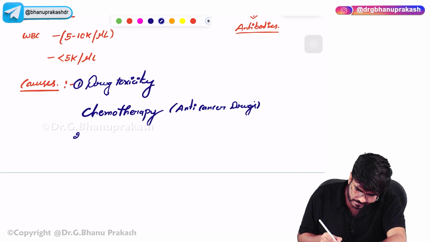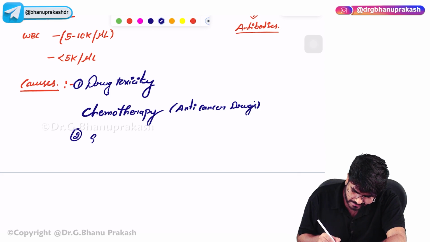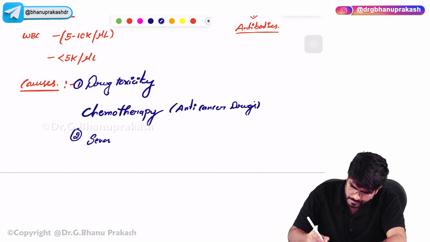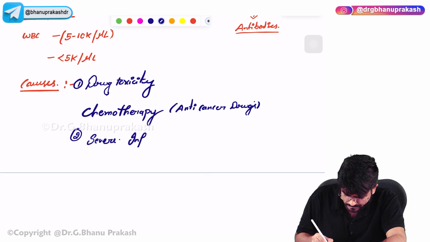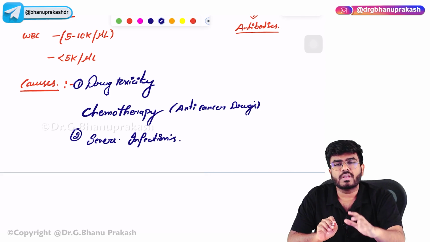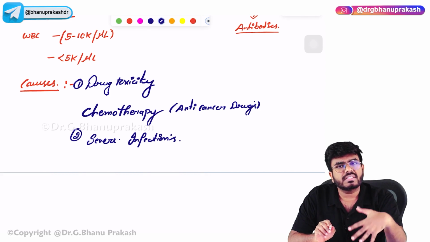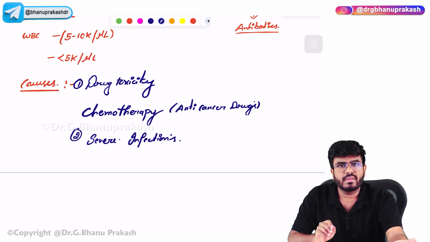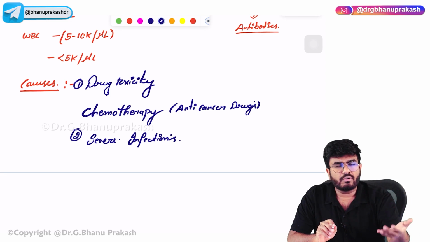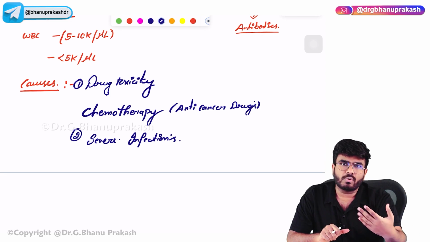The second reason is severe infections. Why in severe infections? Normally, whenever there is an acute infection, of course the WBC count increases. If it's a bacterial infection, neutrophil count increases. If it's a viral infection, lymphocyte count increases.